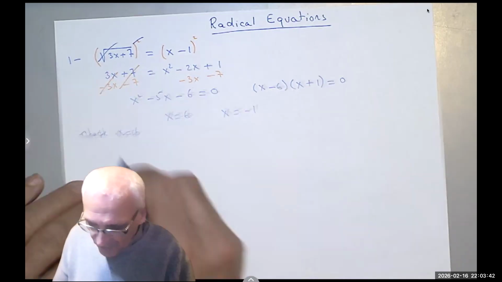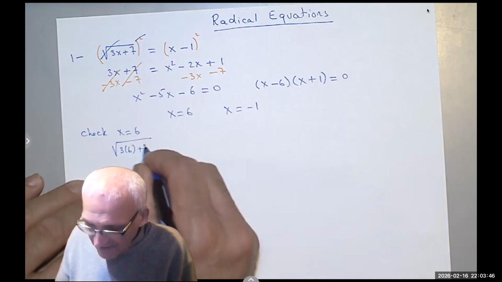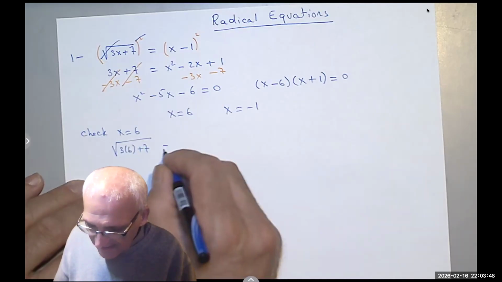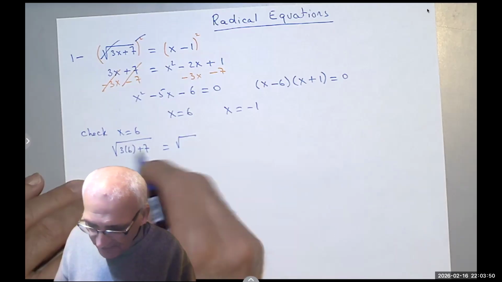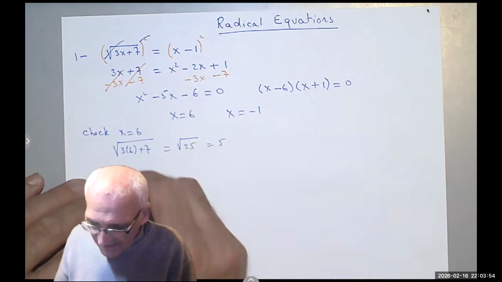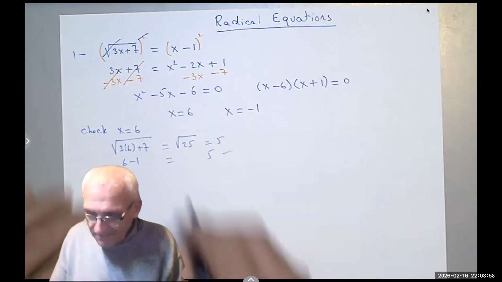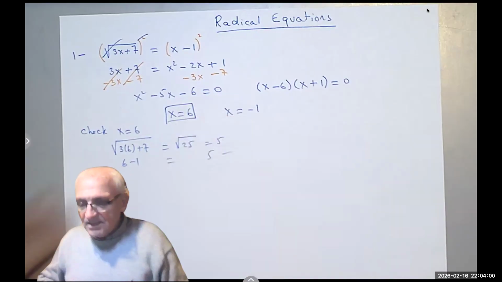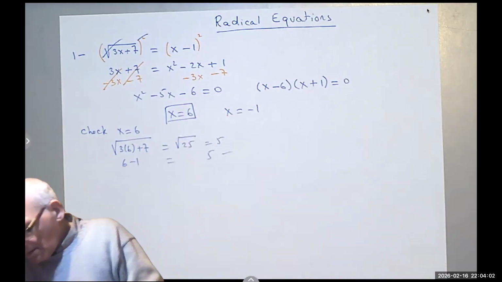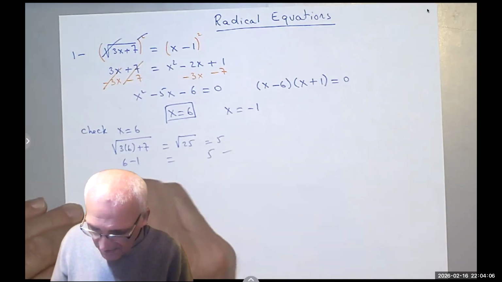The left-hand side would be the square root of 3 times 6 plus 7, and that is the square root of 18 plus 7. That's 5. The right-hand side is x minus 1, which is 5. Check. Good.